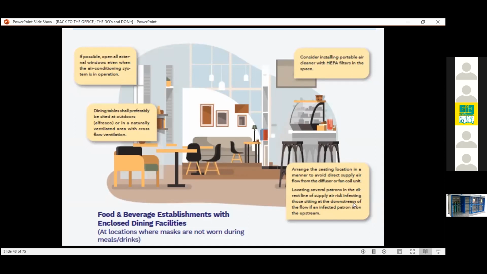Then arrange the seating to comply with the minimum occupancy, and make sure it is far from the supply air or fan coil unit. That's why when we say rearrangement, you need to rearrange your furniture to ensure the transmission is avoided.